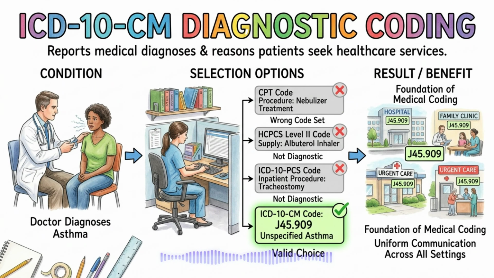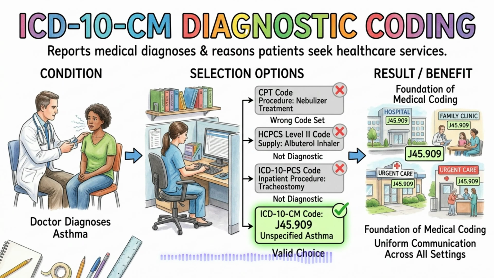Whenever a doctor determines what is wrong with a patient, such as diagnosing them with asthma or a fractured arm, you will use the ICD-10-CM book to find the exact code for that condition. Every single healthcare setting, from a small family clinic to a massive hospital, uses this exact same diagnostic system.